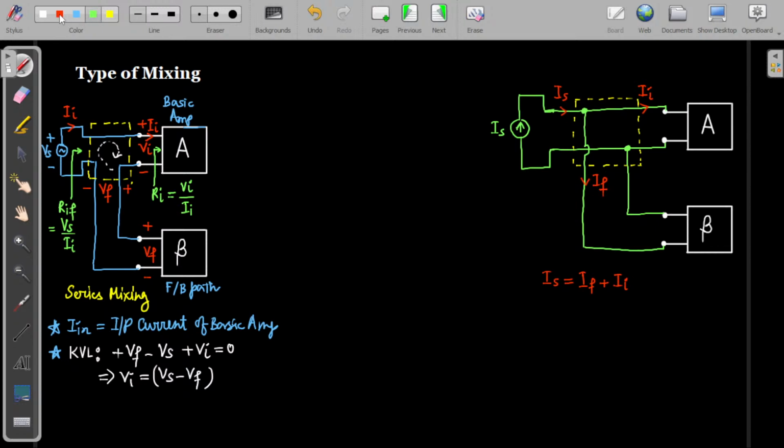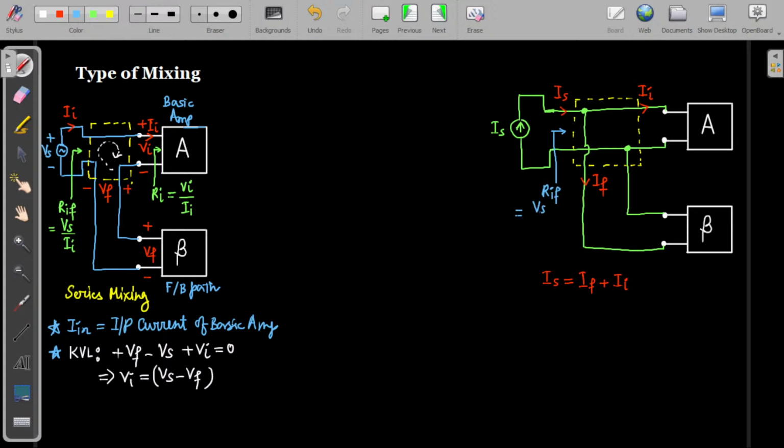Similarly, in this case, if we want to see the input impedances, so first input impedance from the front of the mixture, that is RIF. So RIF क्या होंगे?